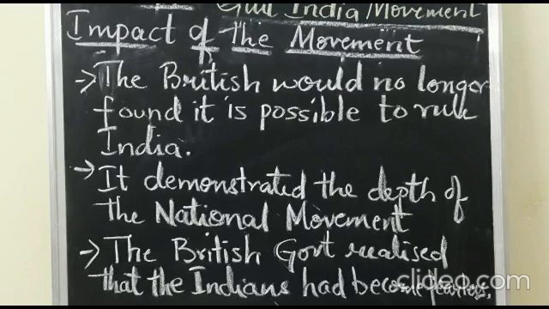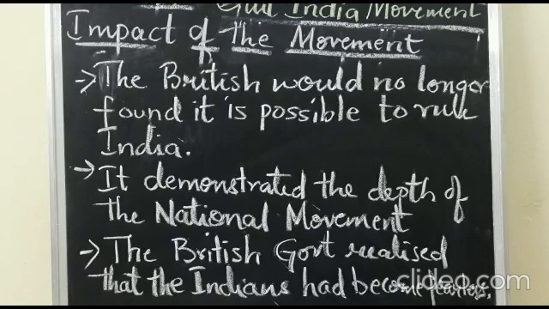So who became a legendary figure? Jai Prakash Narayan. So the people were ready to participate in large numbers and thus it was a large mass movement. And the Indians were ready to do anything for the freedom struggle. So they were ready to sacrifice their lives for the country.